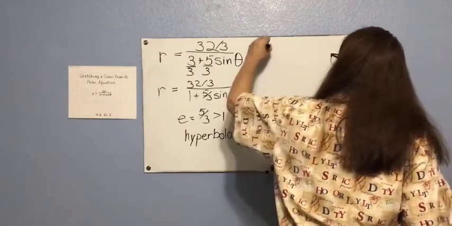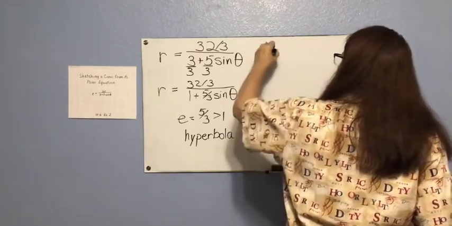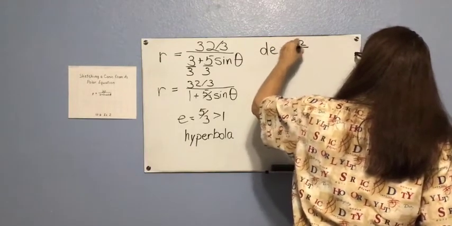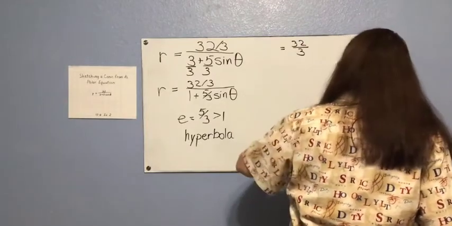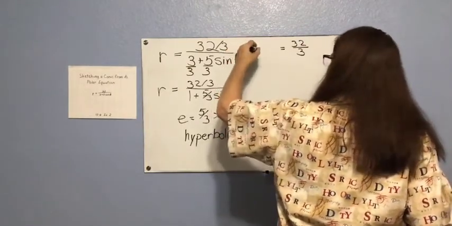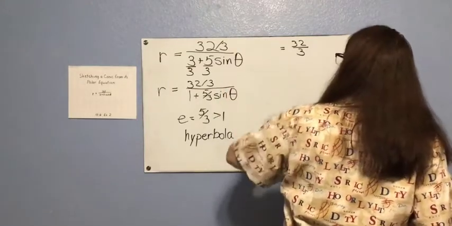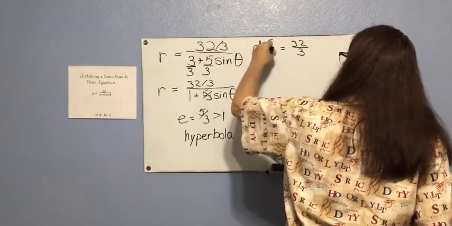And then d, remember d times e is 32 over 3, and I can replace the e with 5 over 3. d times 5 over 3.